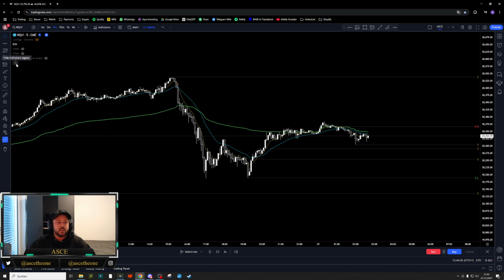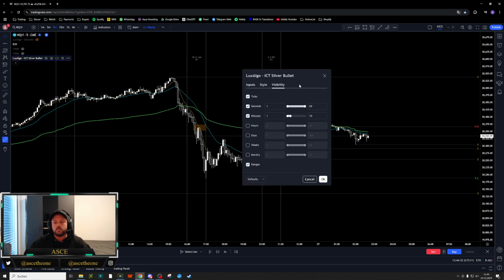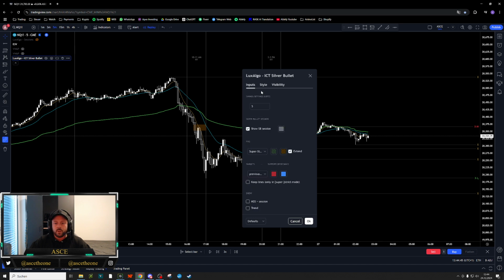And the third indicator is the ICT silver bullet. And here, use the settings for the visibility just up to the 10-minute time frame. Okay. For the style, just these. And for the inputs, I think it's similar to when you started with this indicator.